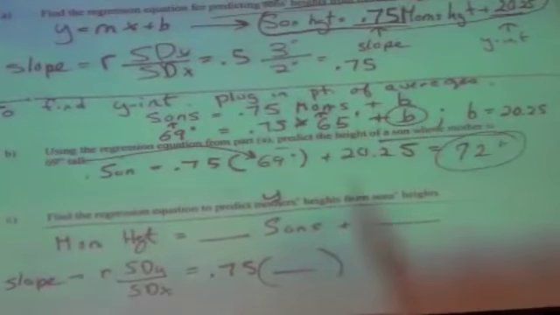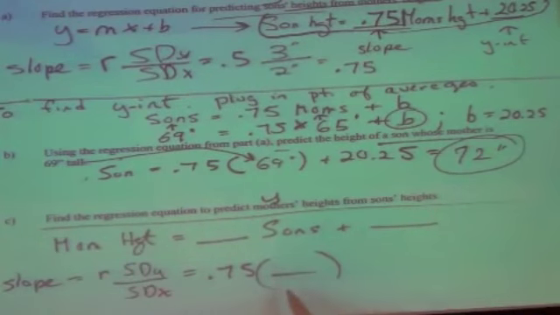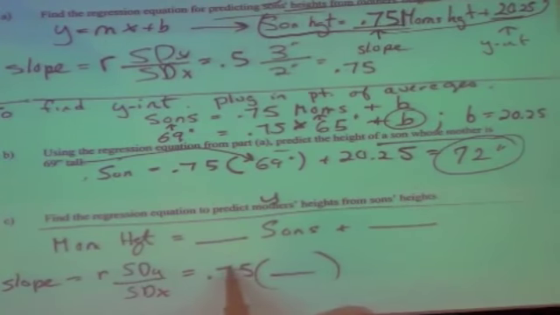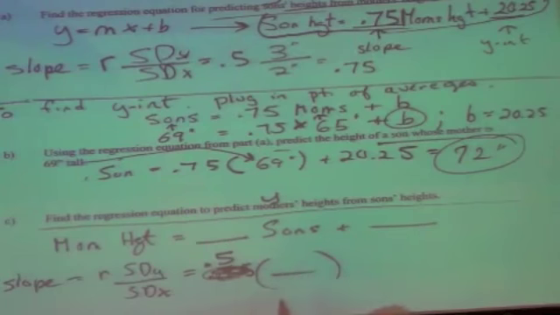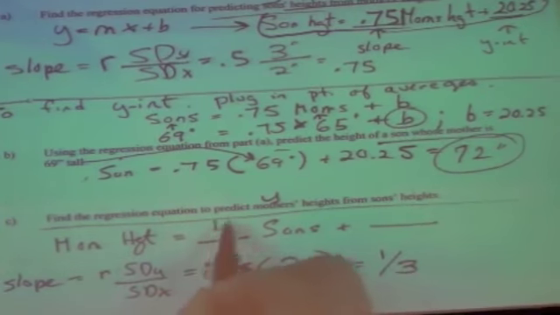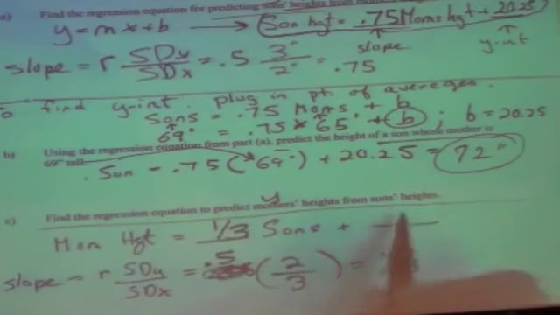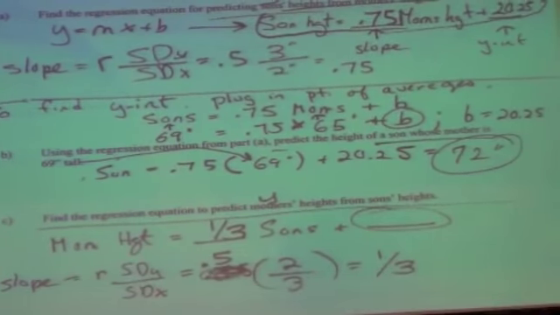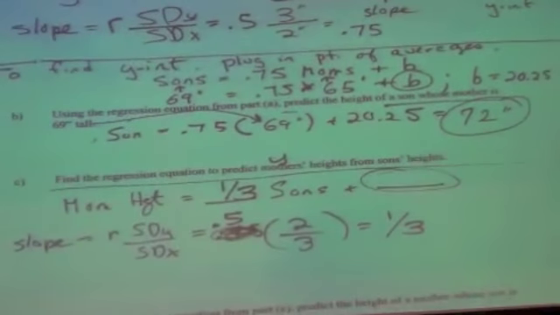So instead of 3 over 2, what should I put in here? 2 over 3. So that's 1/3. Now we have 1/3, and we just need that. Does everybody agree?